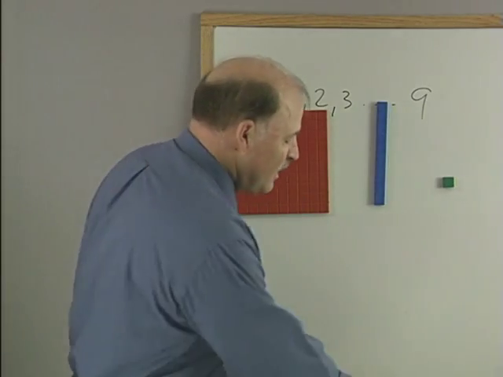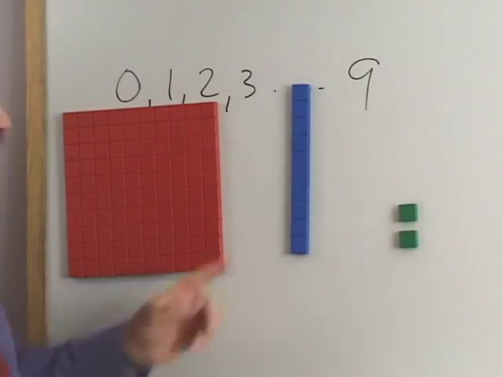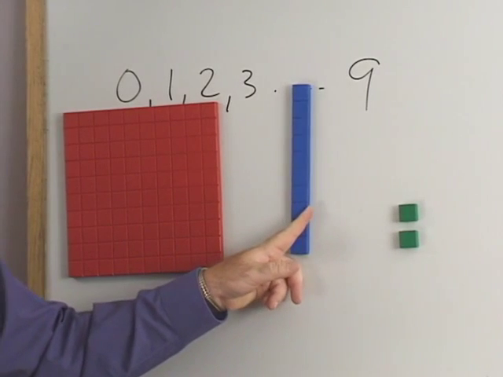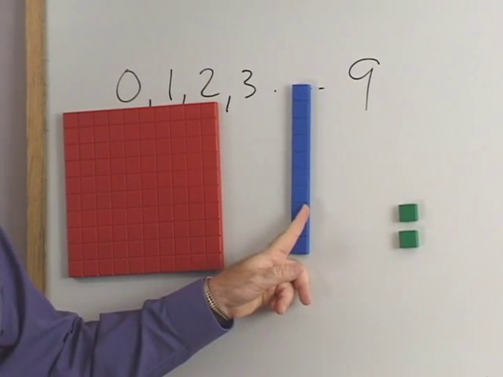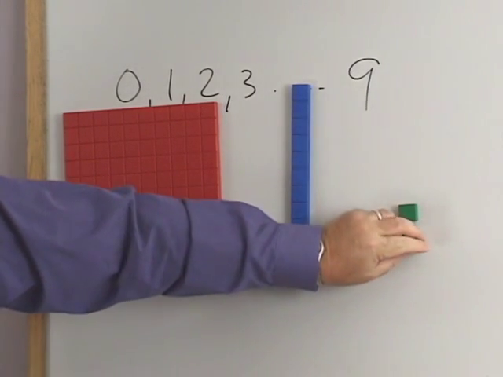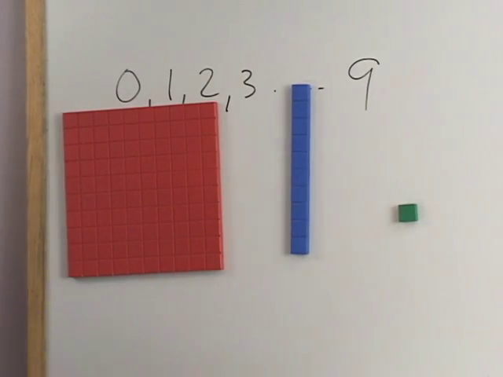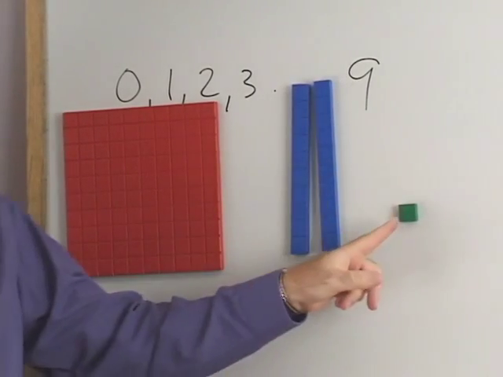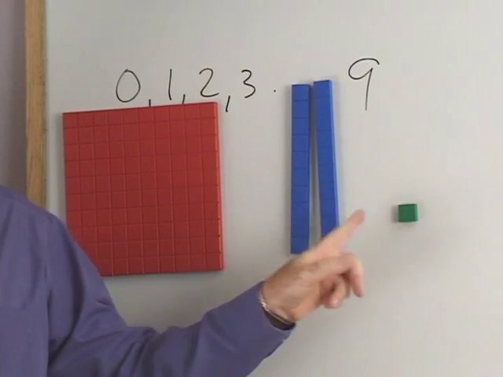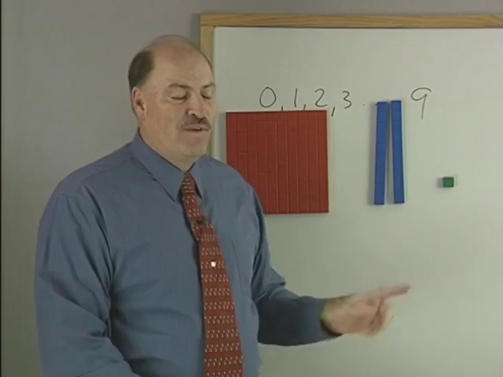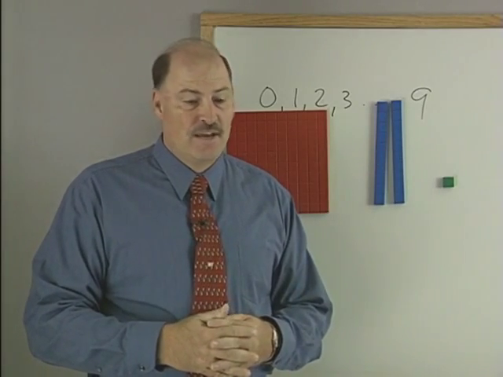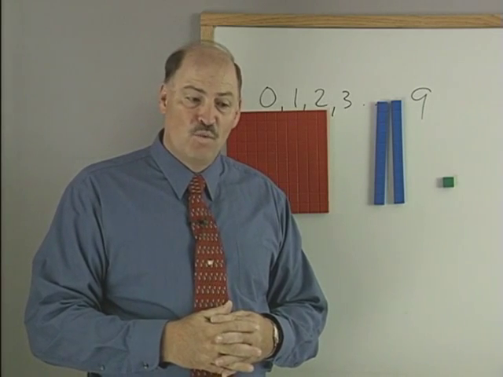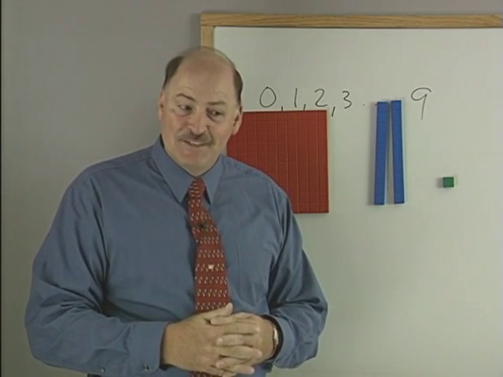See, if I had 2 units and only 1 ten, then the ten is larger, right? But what if I had 2 tens and 1 unit? Now which is larger? The 2 tens. So if I say to you, what's larger, 1 or 2, you should say, excuse me, Mr. Demi, 1 or 2 what? You didn't give me enough information.